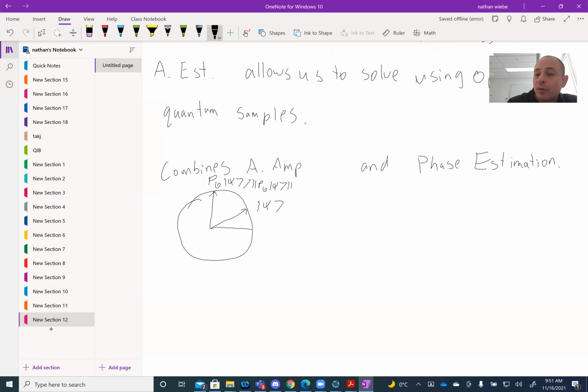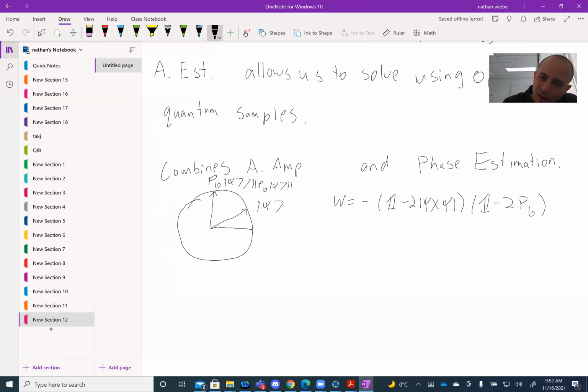Now, if you recall that we had a walk operator that we use in amplitude amplification, which was defined as negative the reflection about the good state. Sorry, got the order backwards. It is negative identity minus twice the reflection about the initial state times the identity minus twice the projector onto the good space.